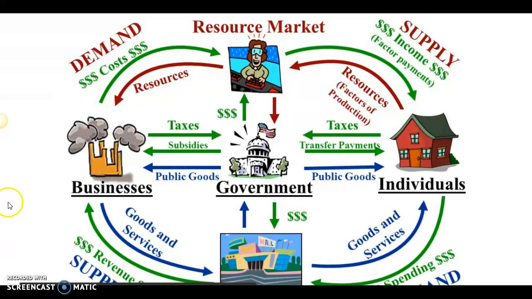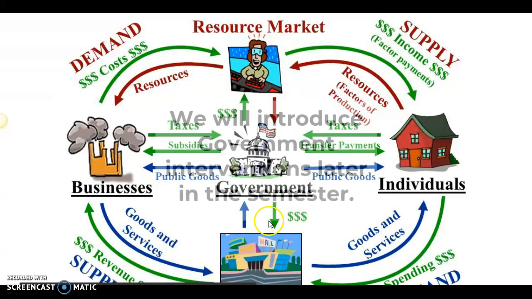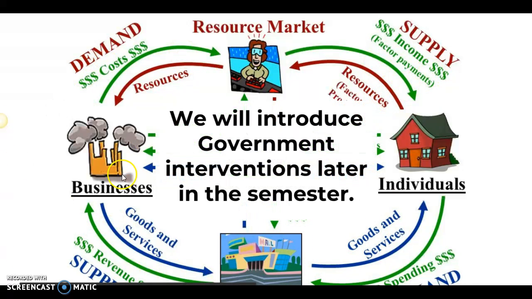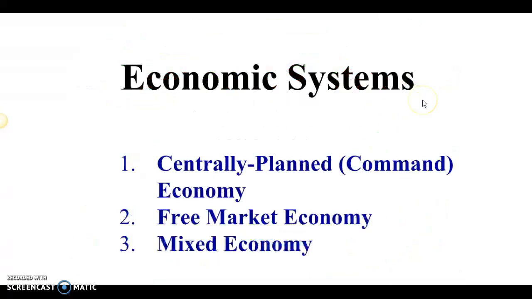So the cycle just continues, no matter which way you look at it, where the money is flowing back to individuals, back to businesses for more goods and services, or when we sell our resources, which are then created to produce goods and services. And that's it. That's the flow model.